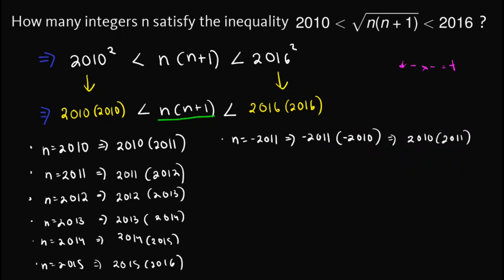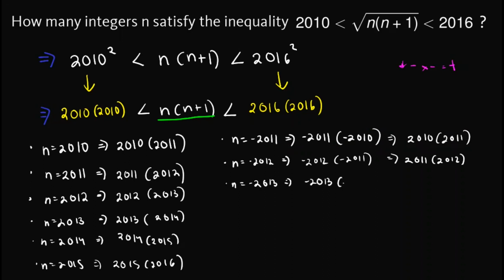And actually the same idea applies to the following negative n values that we will find. So we can also take n equals negative 2012, since that would give us negative 2012 times negative 2011, which is just 2011 times 2012. We also have n equals negative 2013, which gives 2012 times 2013.